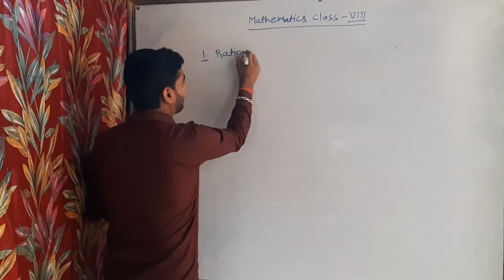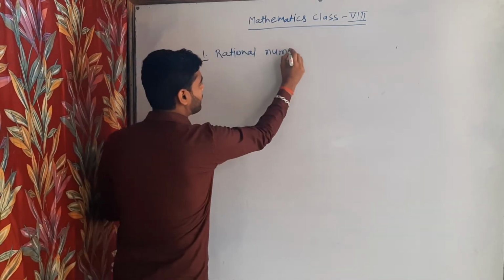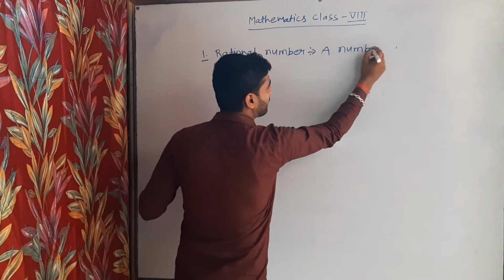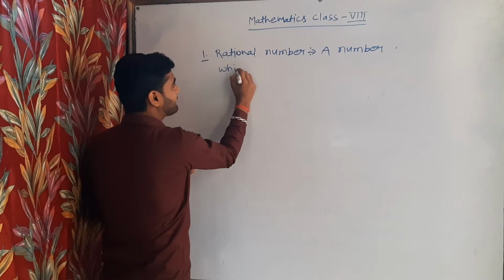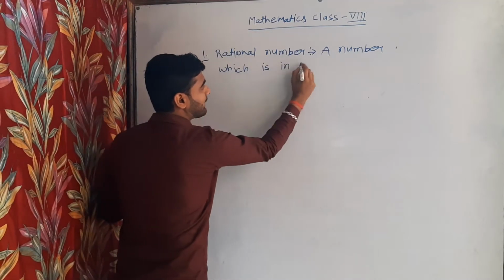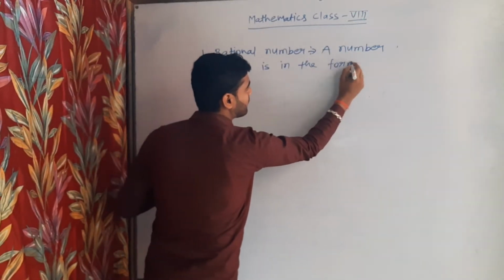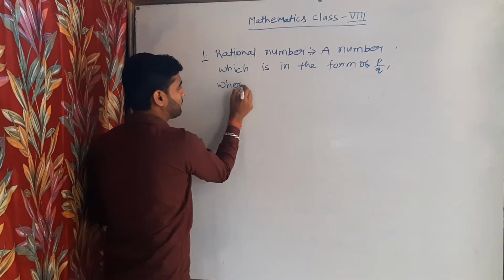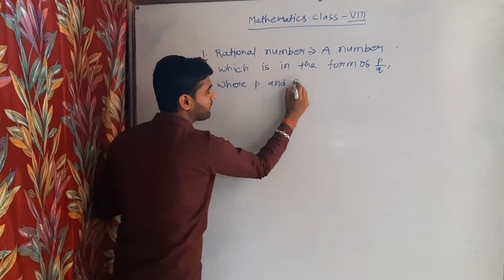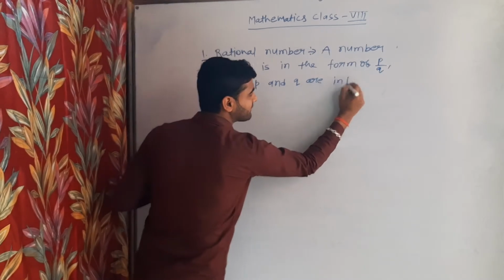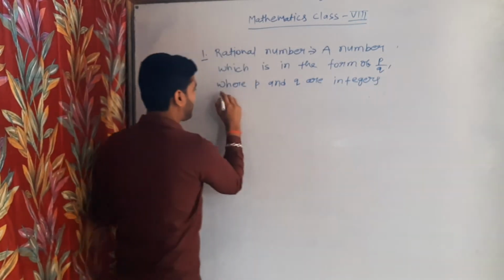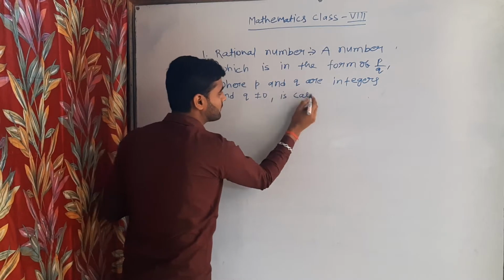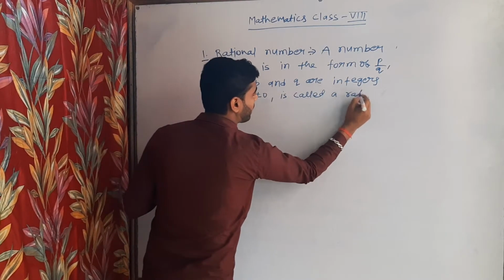Rational number. A number which is in the form of P by Q, where P and Q are integers and Q does not equal 0, is called a rational number.